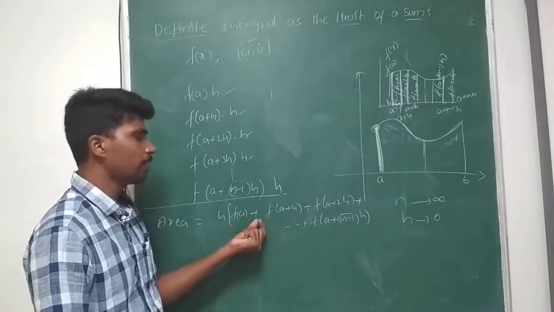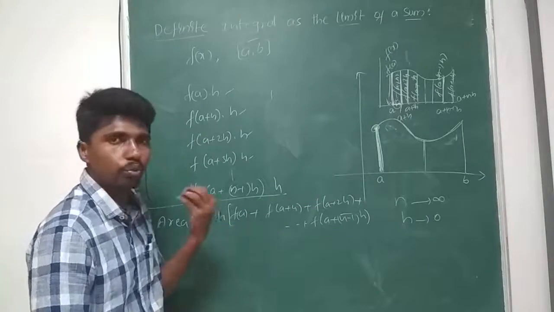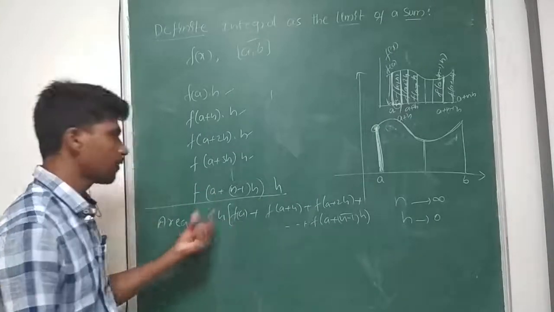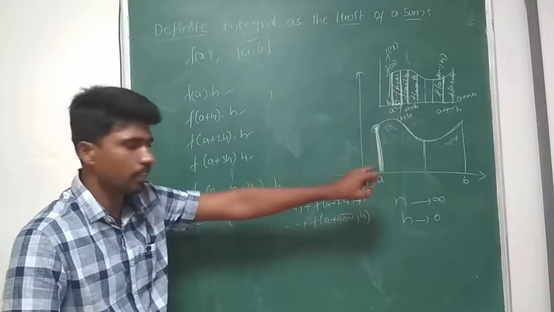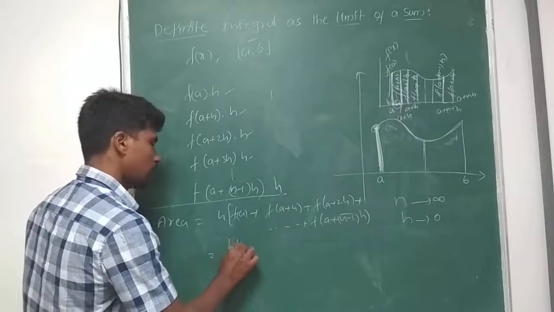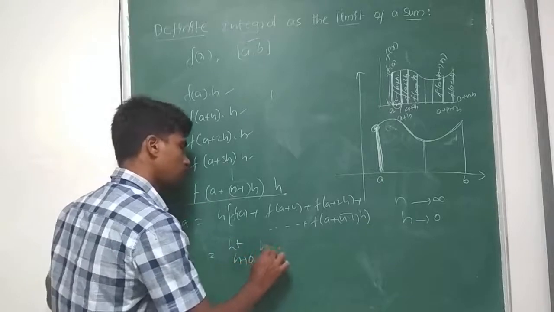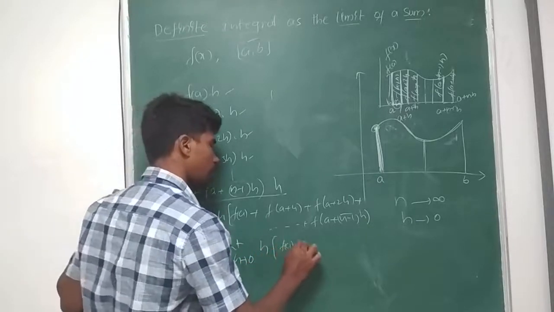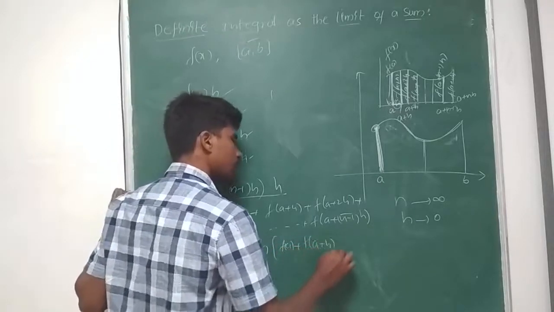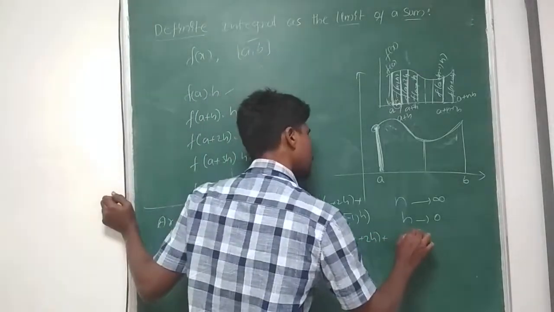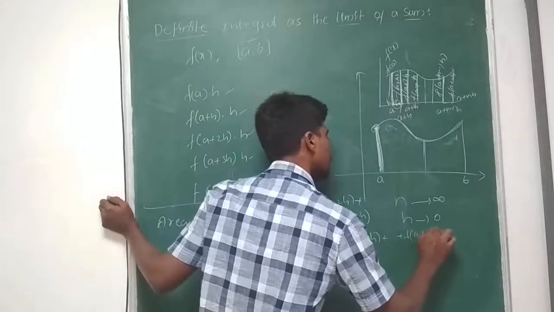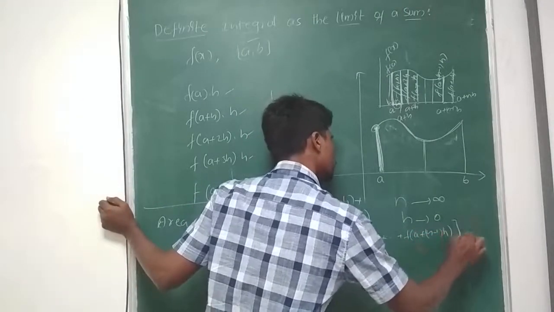If I apply the limit as h tending to 0, I get the area of the given particular region. So the area of the given region is equal to limit h tending to 0, h into f of a plus f of a plus h plus f of a plus 2h plus and so on, f of a plus n minus 1 into h.